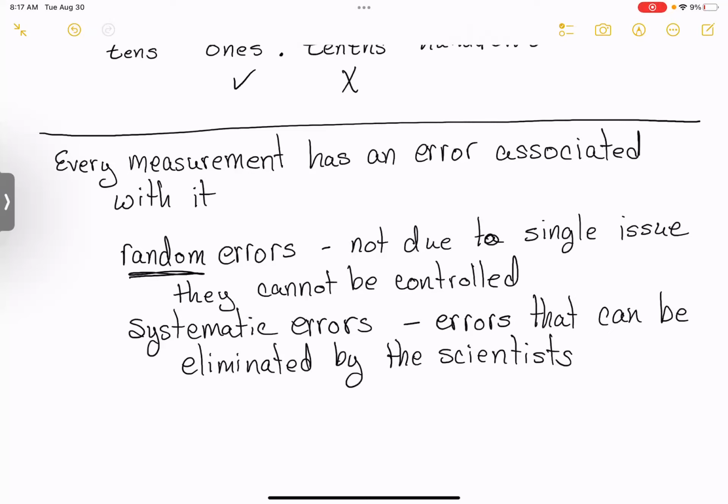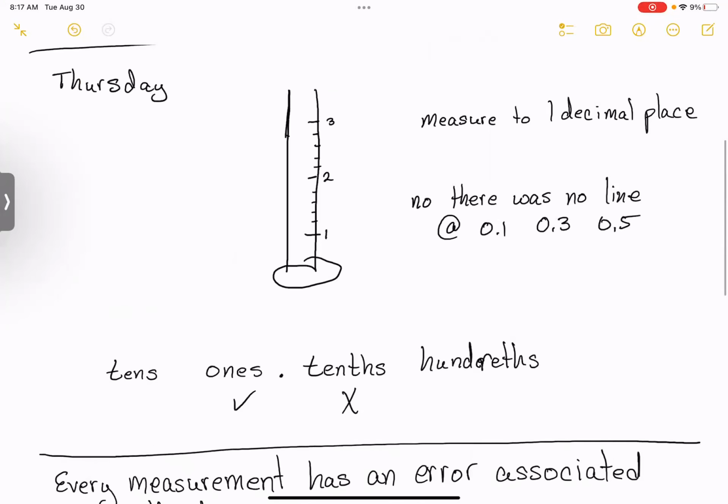Another error. When you're looking at a graduated cylinder or another item that measures a liquid, to look at it correctly, your eye should be on the same level as the bottom of the meniscus.